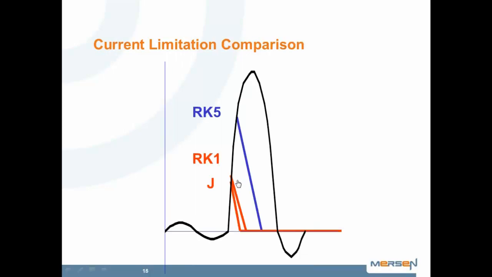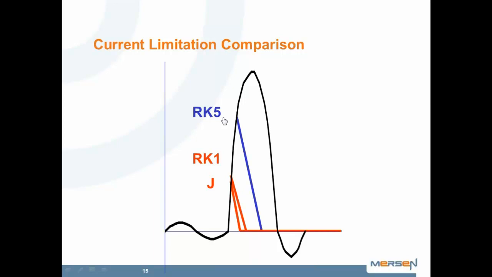Now, replacing that with some UL classifications, you can see that Class J and UL Class RK1 are very similar. The J's a little bit better, but only incrementally. Class RK5 is substantially worse. It lets a lot more current through it.